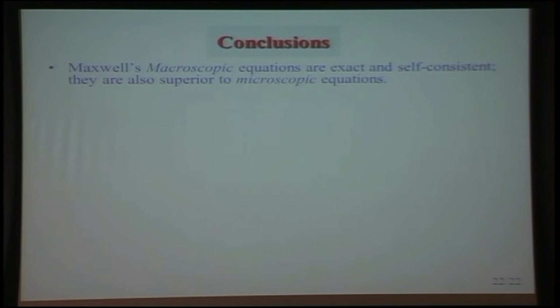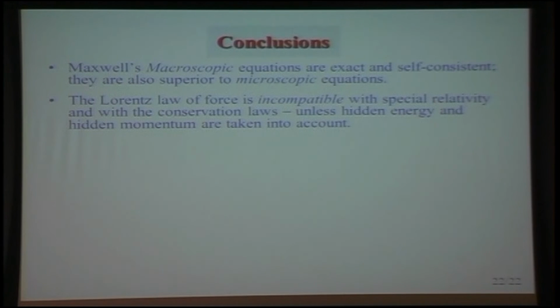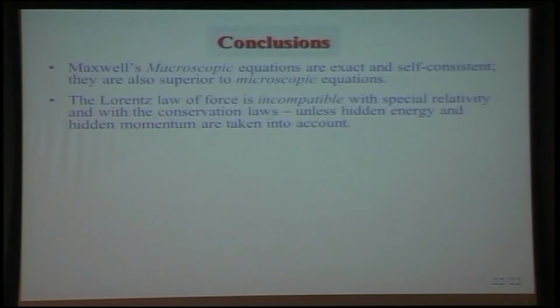So let me summarize my conclusions here by saying that I believe it's the macroscopic equations that are exact and self-consistent, and in some respect, they are superior to the microscopic equations of Maxwell. The Lorentz law is incompatible with special relativity and conservation laws unless we take the hidden momentum into account. But without the hidden momentum, it's the Einstein-Laub formula that gives us consistent results.